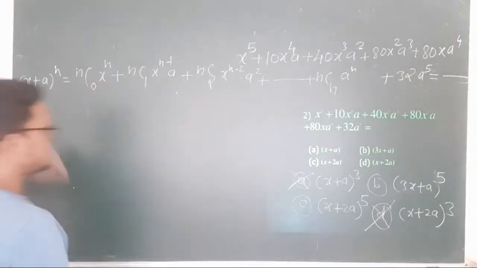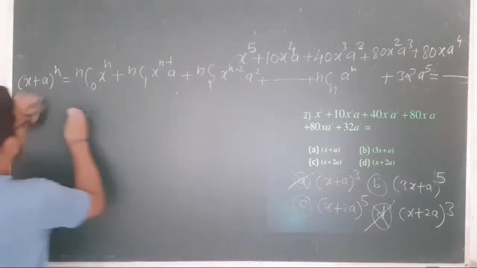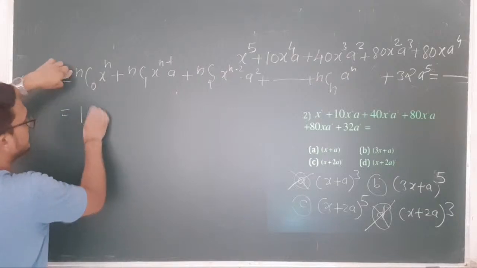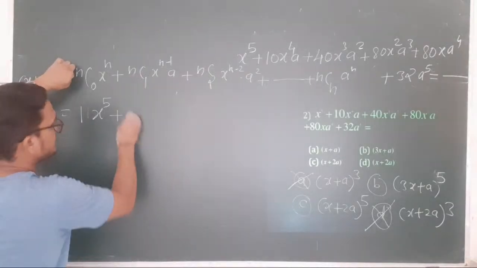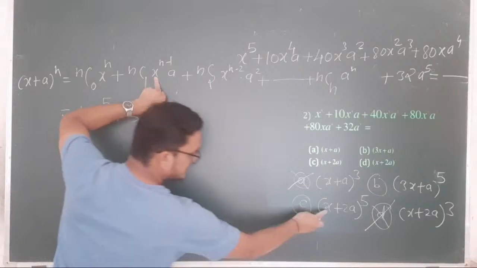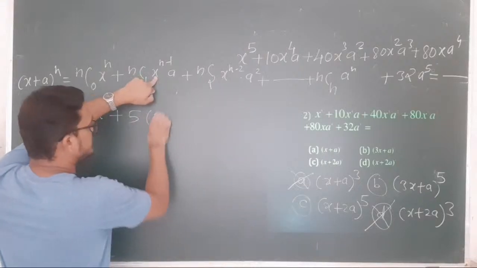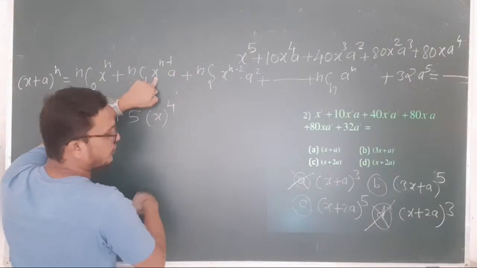But see the justification for that. (x + 2a) to the power 5, right? nC0 is 1, x to the power 5 plus nC1, 5C1 is 5, x to the power n minus 1. What is x here? x only. So x to the power n minus 1, n is 5, 5 minus 1 is 4, into a.